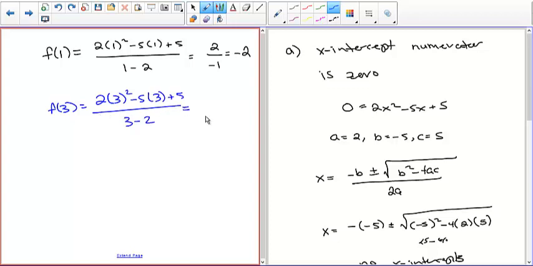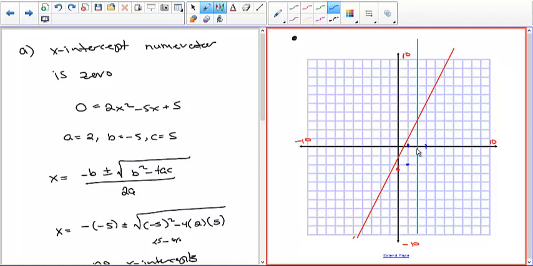So the denominator is 1, and in the numerator we get 9 times 2, which is 18. 18 minus 15 is 3. 3 plus 5 is 8. So I get 8. So it's 3 comma 8. So I come over here, 3 comma 8. 1, 2, 3, 4, 5, 6, 7, 8. So we can draw this function to look something like this with the vertical asymptote at x equals 2.